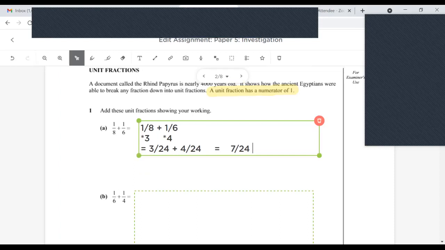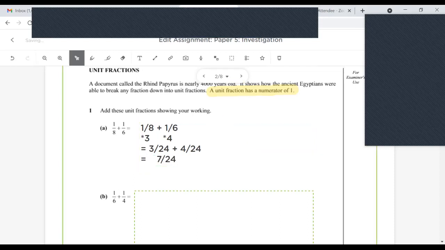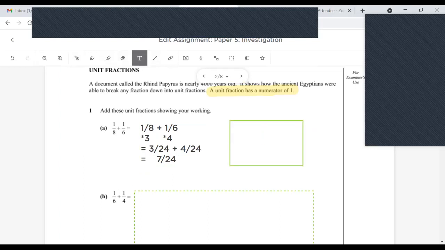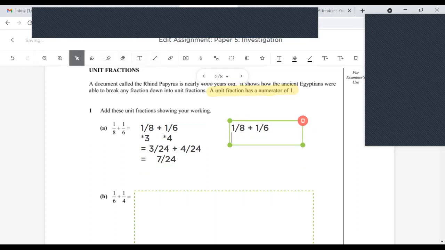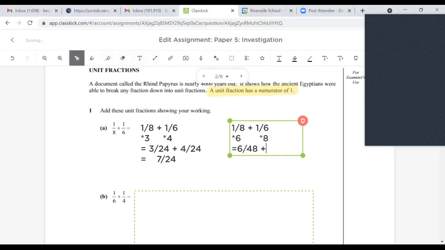7 out of 24. I think it was Peter who said 48. If we had wanted to do 48, that would also have been perfectly acceptable. It just means that I would have to multiply the 8 by 6 and the 6 by 8, which gives us 6 over 48 plus 8 over 48, which equals 14 over 48, which simplifies as 7 over 24.